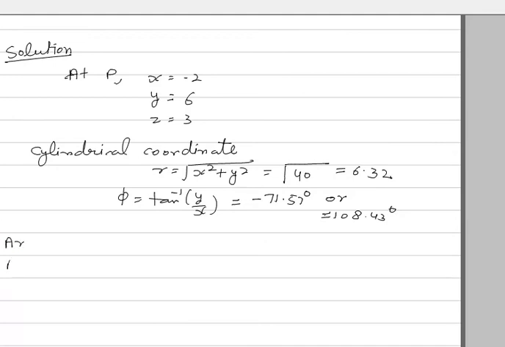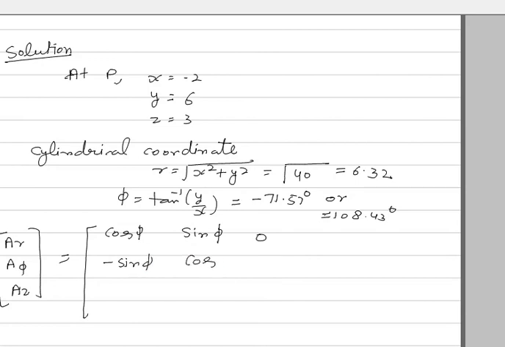AR, A phi, AZ equal to the matrix: cos phi, sin phi, 0; minus sin phi, cos phi, 0; 0, 0, 1, multiplied by AX, AY and AZ.